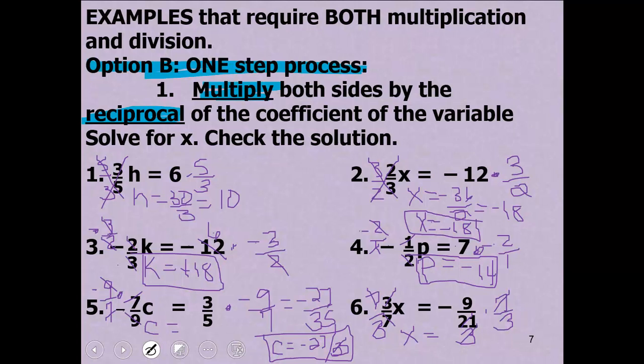The 3 cancels, so I'm left with negative 9/9, and that simplifies to negative 1. That equals negative 1. You could do it by further canceling too. Okay. Again, you get the same answers, just a different method.